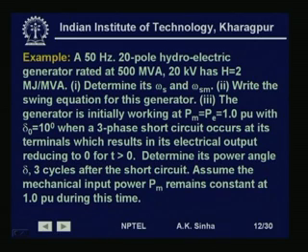That is, after the short circuit, after 3 cycles, what is going to be the angle delta? Actually, what happens? We have the mechanical input to the machine before the fault was equal to 1 per unit, which was same as the electrical output. So, Pm minus Pe was in that case 0 and the speed of the machine was synchronous speed and the delta angle was constant.